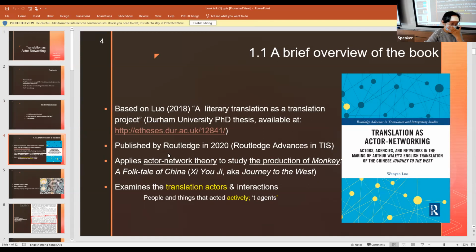The full title of the translation is Monkey, a Folktale of China. It is one of the many translations of 西游记, aka Journey to the West. In this book, I examined the translation actors and how they interacted in the process of producing Monkey.